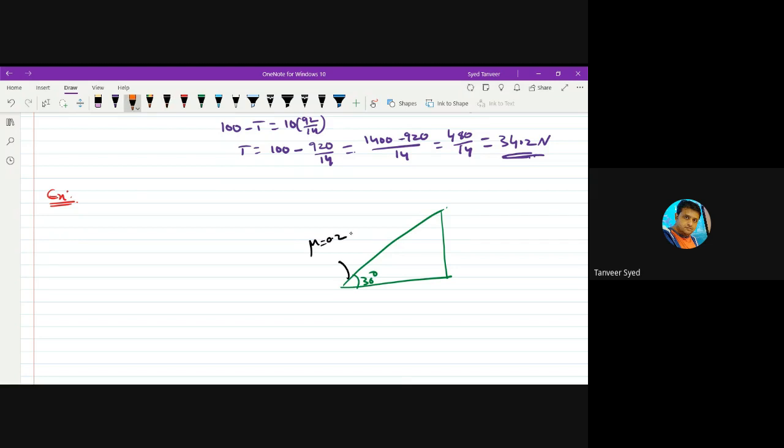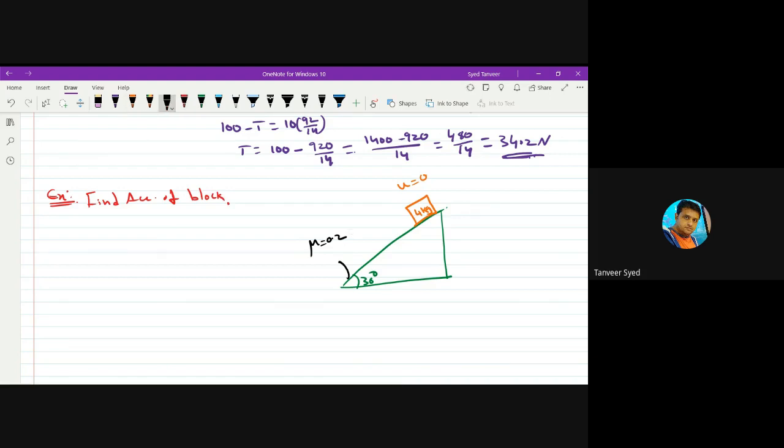And on this incline, we are releasing a block of mass 4 kg. Let us say we are releasing it from rest. Then what will be the acceleration of the block? Find the acceleration of the block.